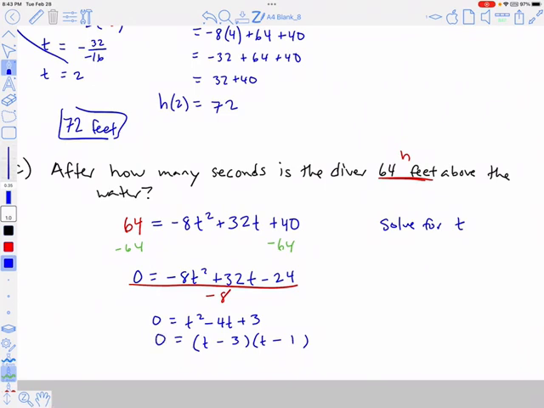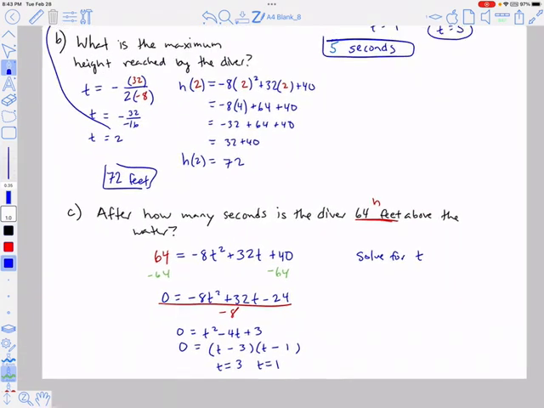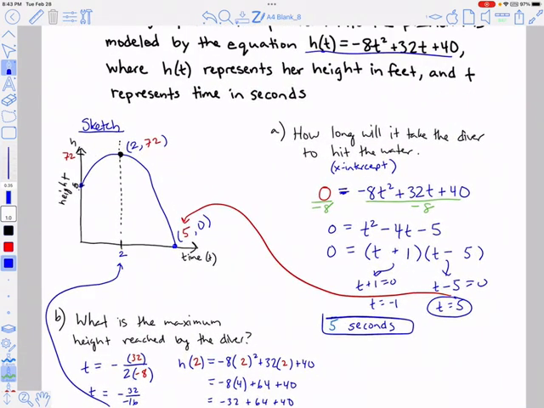So I'm setting my factors equal to 0, and I got 2 values. Now, does that make sense to get 2? Yes, because I'm finding the place, so I can even add this in. So now what I'm learning is that at 1 second and at 3 seconds, I'm reaching a height of 64. See that? So that's what I've just learned from my equation solving.